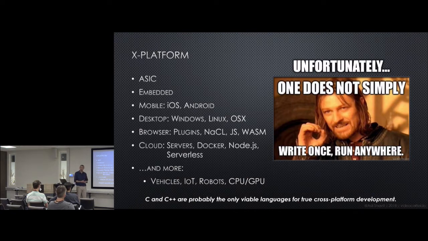Very often we get heterogeneous architecture, so we might have GPUs and CPUs both on the same chip or on the same board. Of course, on desktop, we have Windows, Linux, OS X, which are just the main desktop operating systems, but there are other types of operating systems.